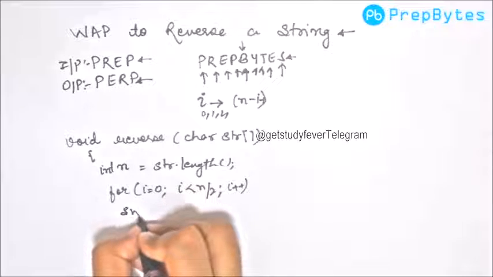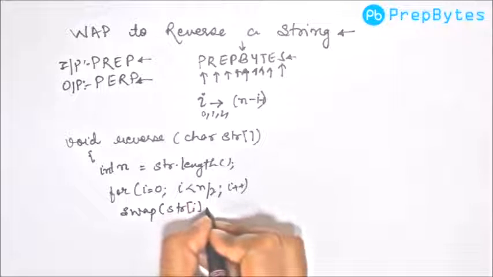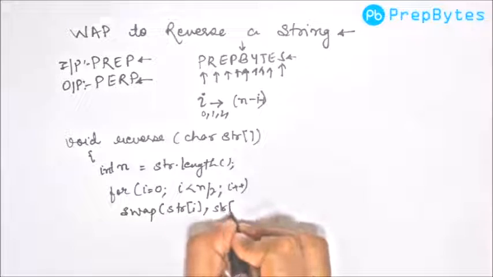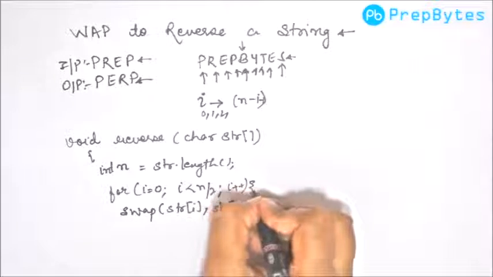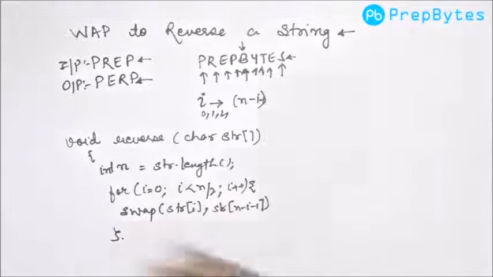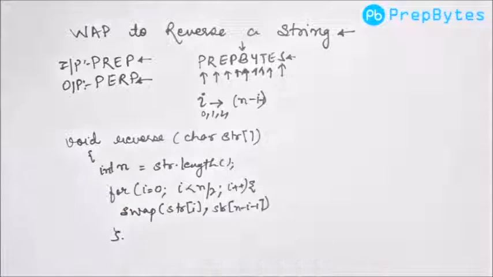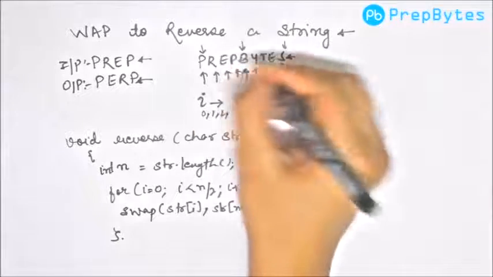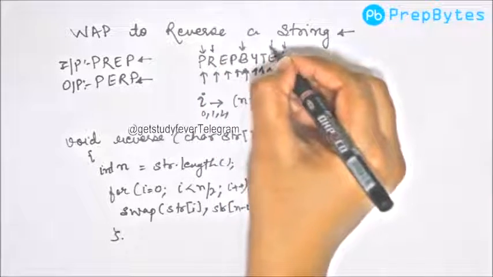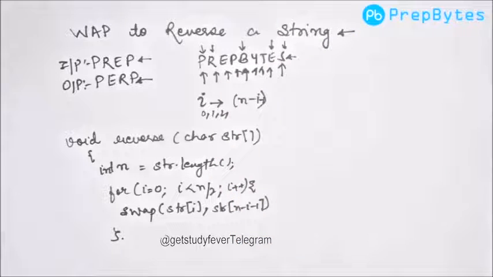We'll just simply write swap. So this is the function for reversing a string iteratively. First i equals 0, so these two elements get exchanged. Similarly, this gets exchanged, and this happens until we reach the mid of the string.